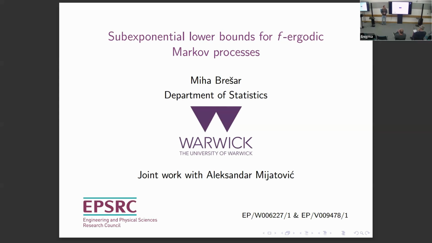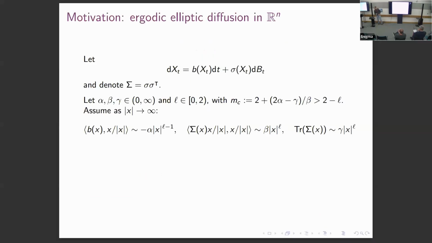So let's put that into some context by looking at a simple example. What we have here is an ergodic elliptic diffusion. And again, in the spirit of this conference, we choose parameters in such a way that its invariant measure is heavy tailed, polynomially tailed. So how does this look?